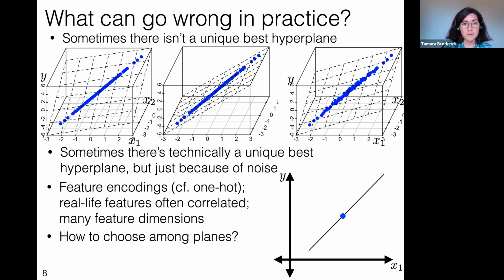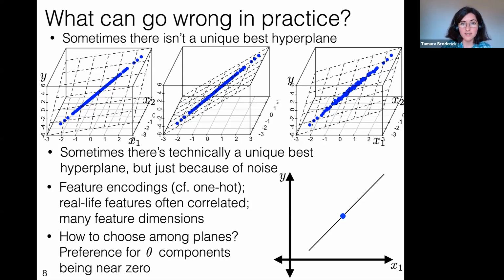So something that we could say is, if we don't really know what's going on, if there's not really a good way to distinguish between different hyperplanes, maybe we should prefer the theta values that are near 0, unless there's a strong reason not to from our data. We shouldn't say, yes, this feature really matters, when we just don't have the evidence to support that.